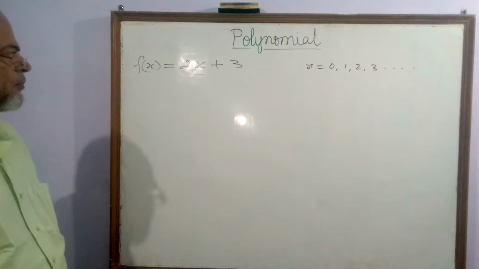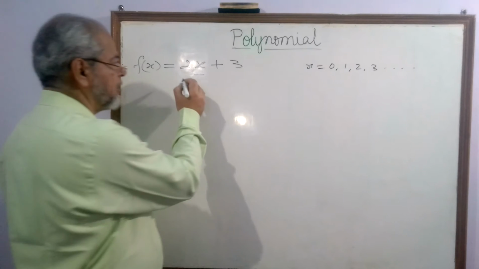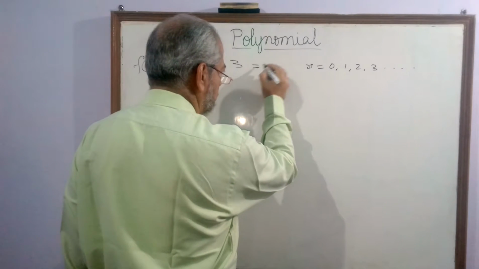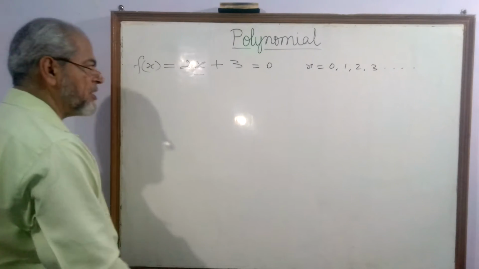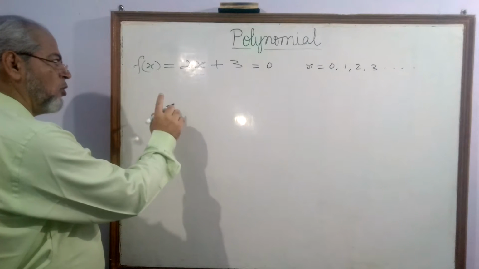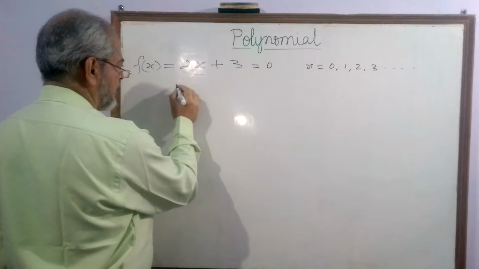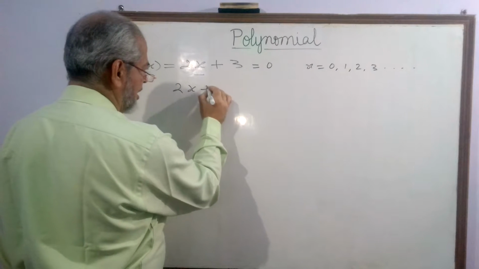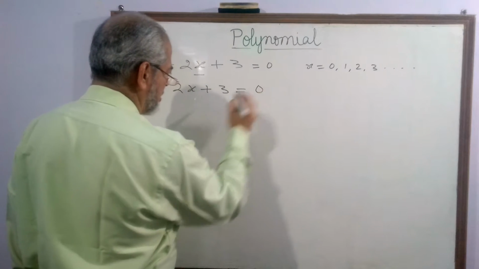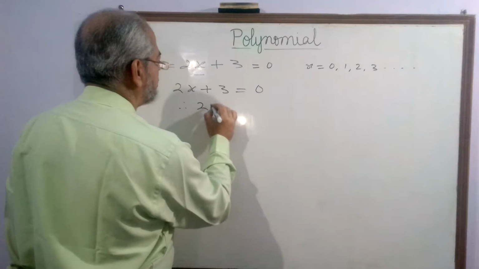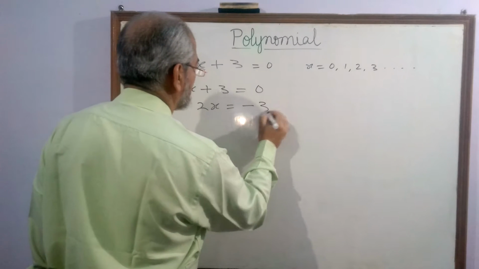So the value which gives the whole expression equal to 0 is called the 0 of the polynomial. That means 2x plus 3 is equal to 0. Therefore, 2x is equal to minus 3.